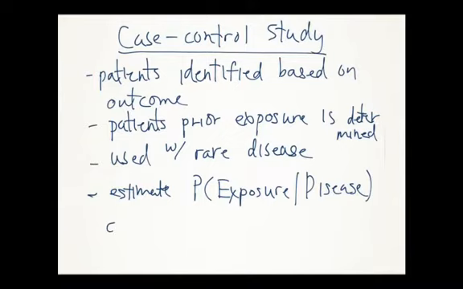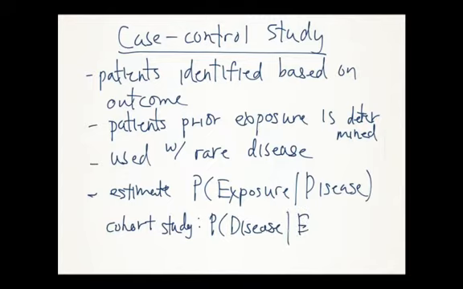In the cohort study, again, we were estimating the probability of disease given the exposure. Okay? So it's always important to remember what kind of study design you're working with, because that'll help determine what it is that you can estimate. Okay? All right. So with those two types of study designs in place, let's talk about different measures of association.